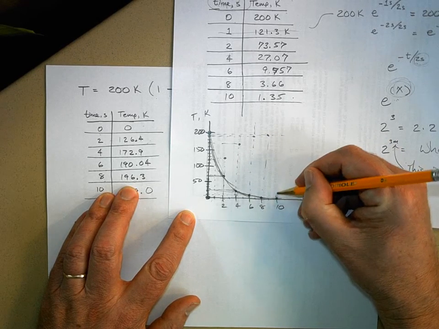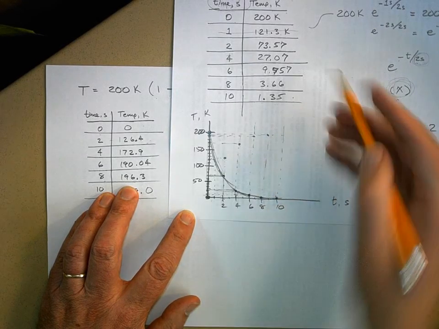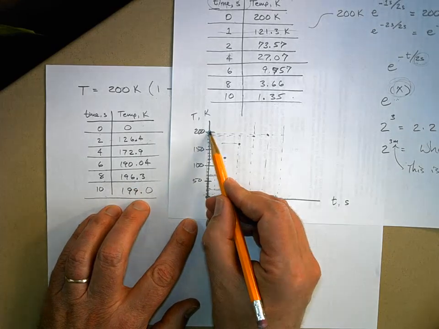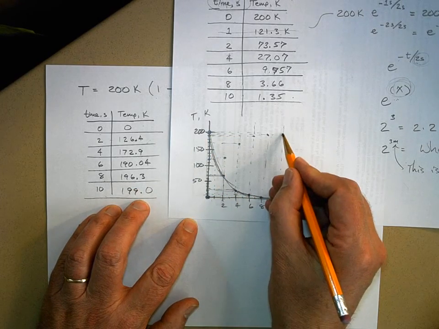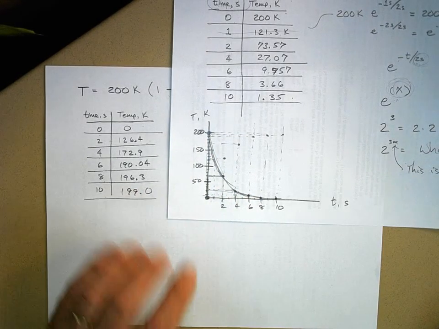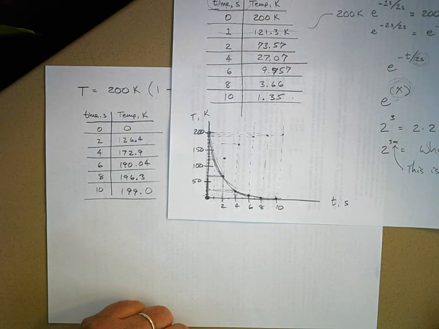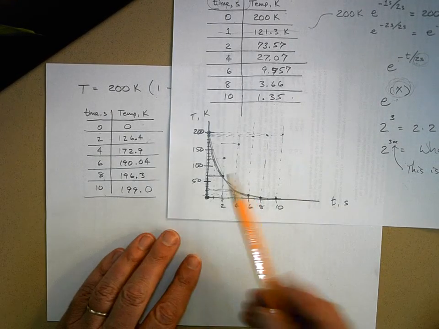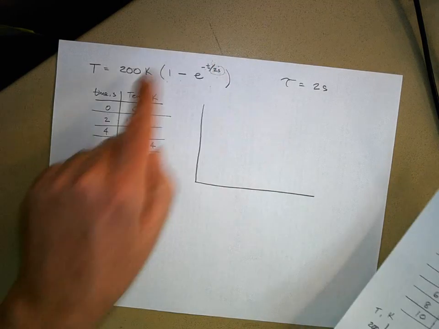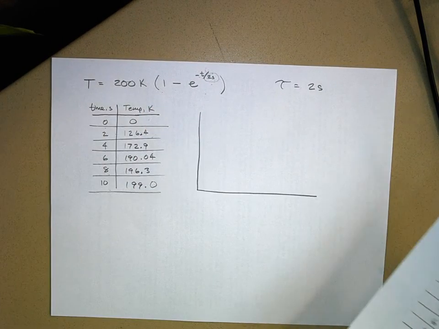And then at 10 seconds, what are we at? 199. Almost exactly 200. What are we never going to get to? We're never going to get to 200 because this will never equal 1. It'll always be slightly less than 1.